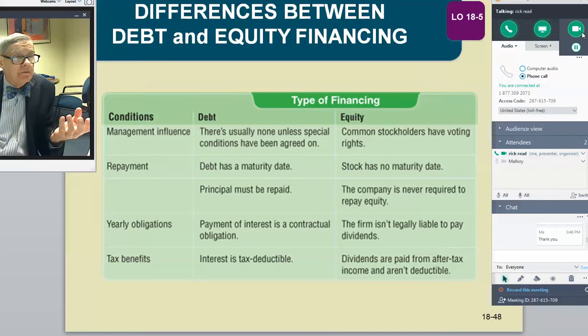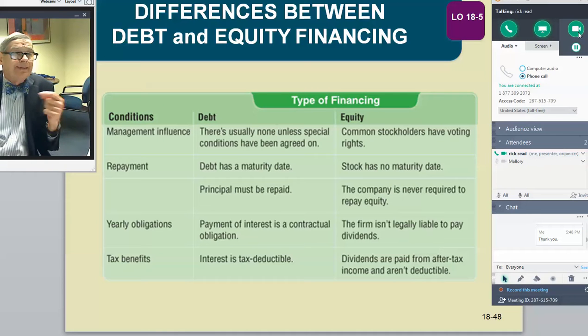Equity comes from common stockholders. Stock does not have a maturity date. You do not have to pay equity or dividends. And so those dividends that you would have paid can be reinvested in the company, but they're not tax deductible.